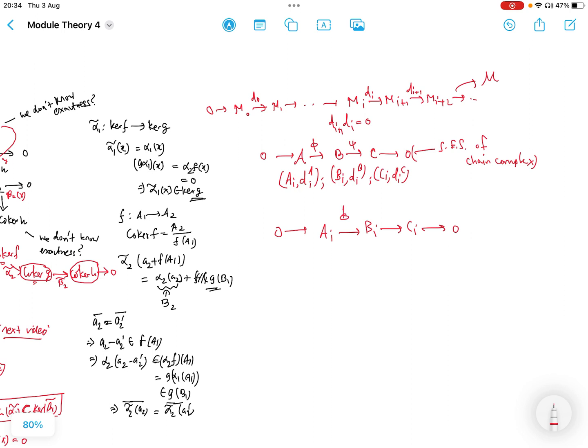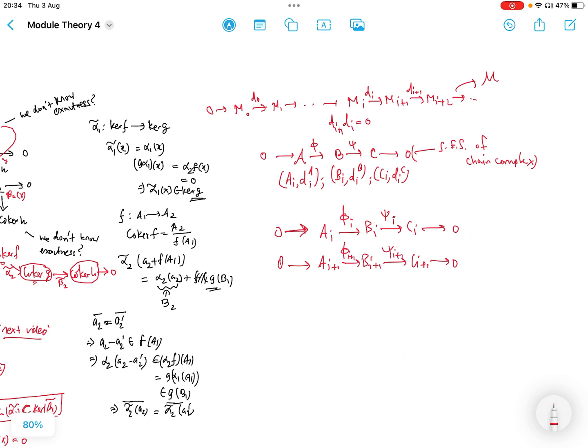And you have these maps, with the notation phi and psi. So you have such a short exact sequence, and again a short exact sequence at the next level.